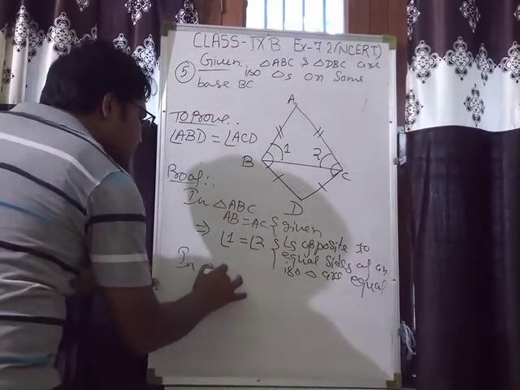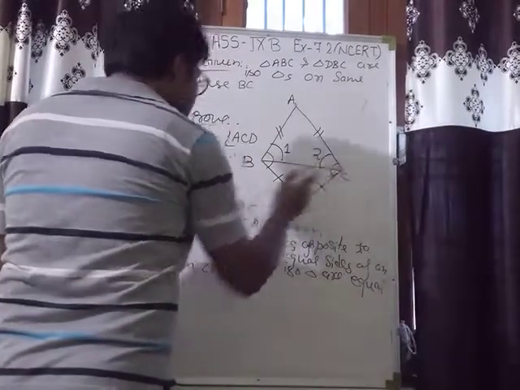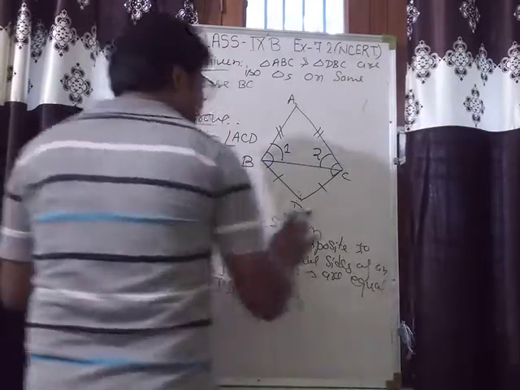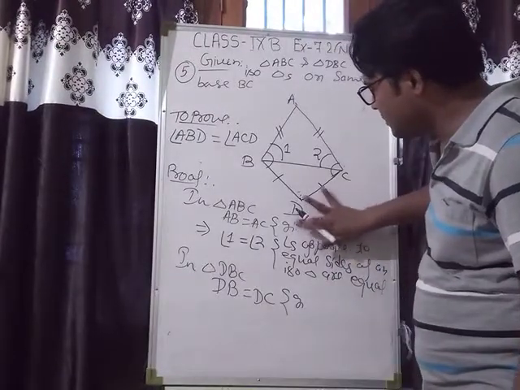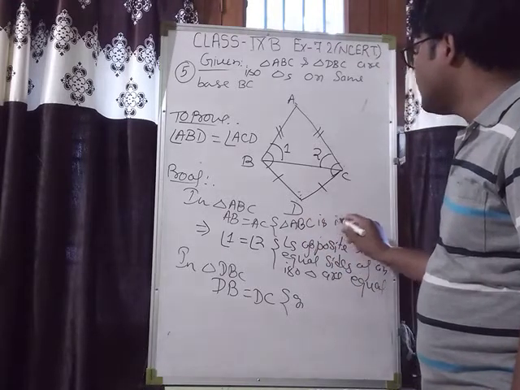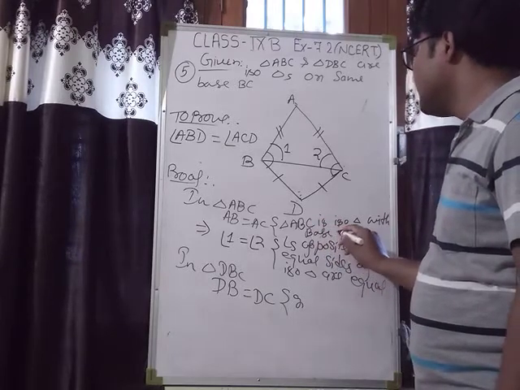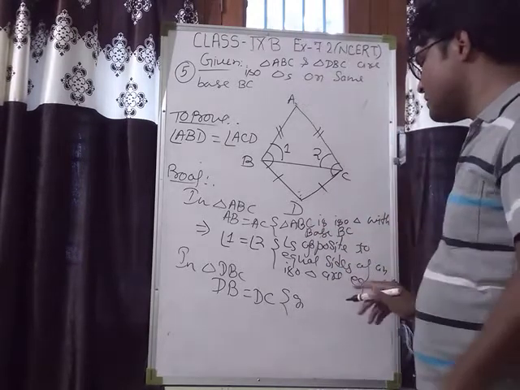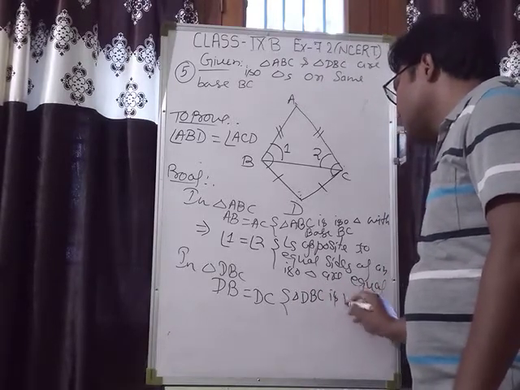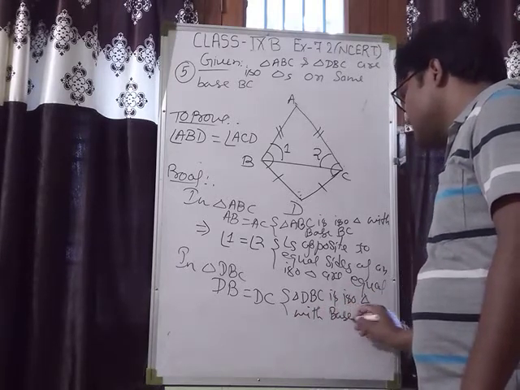Also in triangle DBC, what is given? DB is equal to DC. This is also given. Here you can write that triangle ABC is an isosceles triangle with base BC. When the base BC is stated, it means the other two sides are equal. And triangle DBC is an isosceles triangle with base BC.